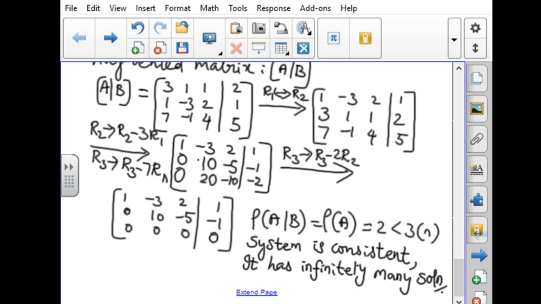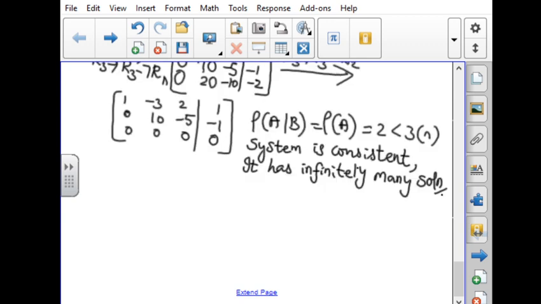Here this is in echelon form. We are going to reduce this into two equations. So from the echelon form the system reduces to two equations. x, y is a constant.